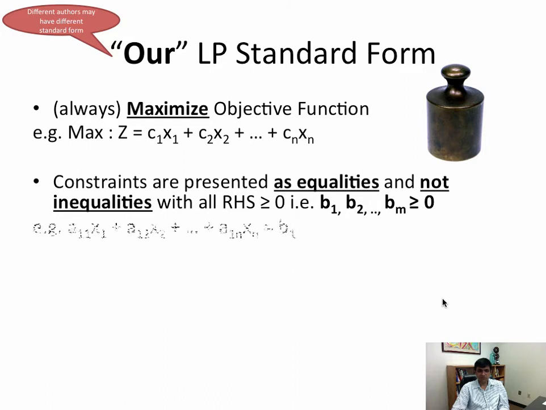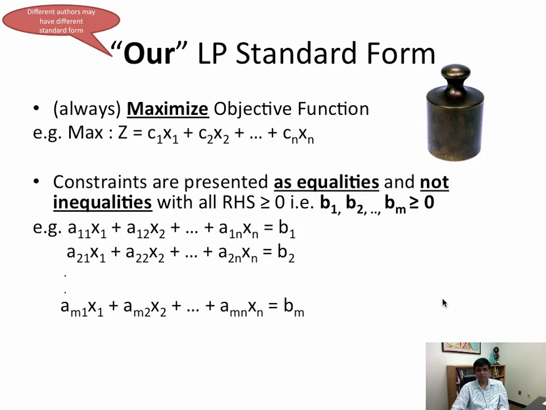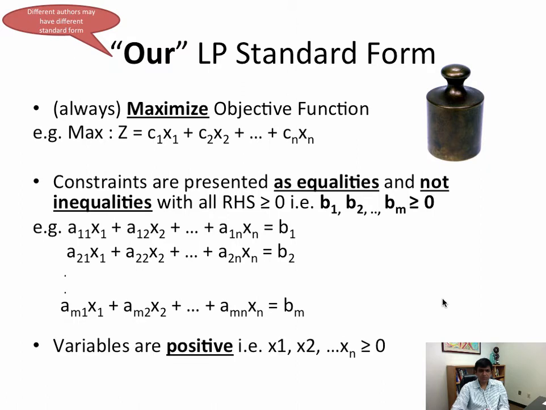So here is an example: a11x1 + a12x2 + ... + a1nxn = b1. And here are some other examples. And finally, the variables are positive. So all x1, x2 through xn are greater than or equal to 0.